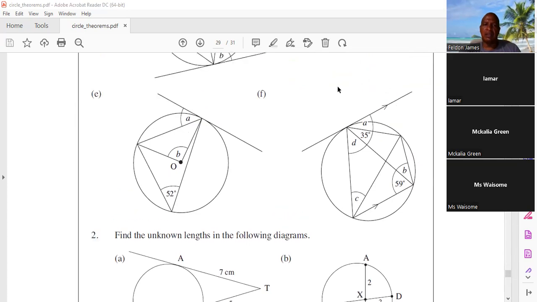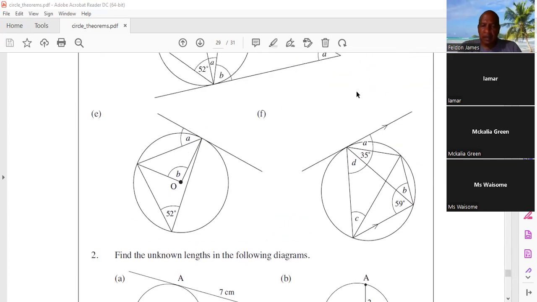What about E? Can you figure out E? So we know that B would be what? 2 times 52, sir, which is 104. And A would be what?